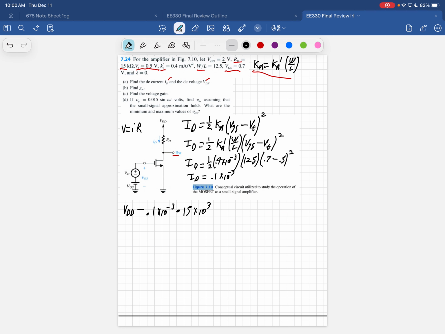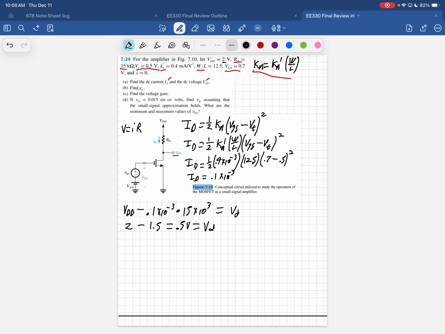Yep, exactly. So let me just write that out here. And we know VDD, or sorry, it's 2 volts. So 2 minus 1.5 equals 0.5 volts, which equals VD.